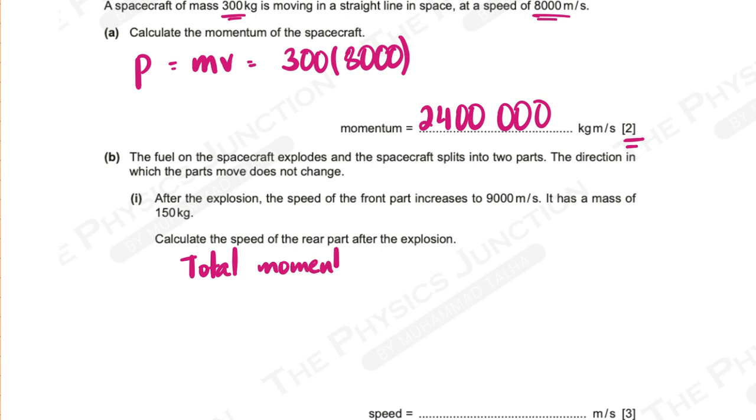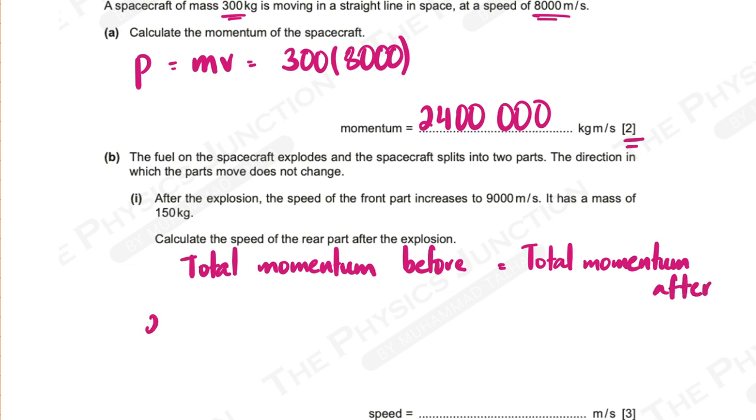Total momentum before equals total momentum after. So total momentum before I have already, which is the answer to my previous part, equals total momentum after.